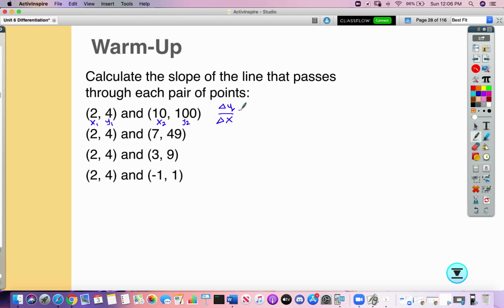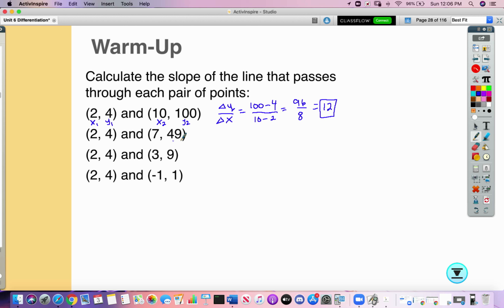We calculate change using subtraction. So we're going to do 100 minus 4, the change in my y values, divided by 10 minus 2, the change in my x values. So I get 96 divided by 8, which is 12.